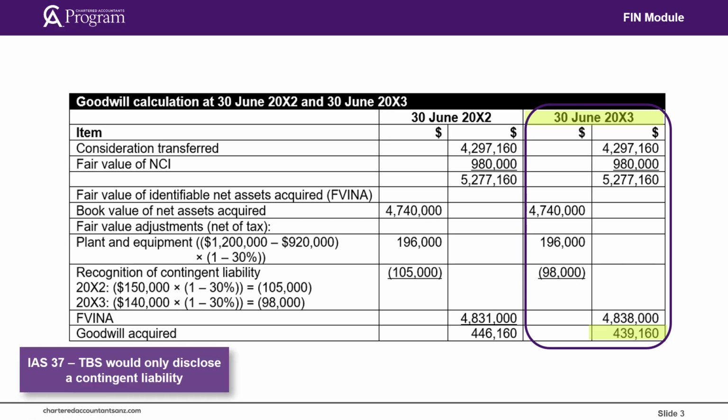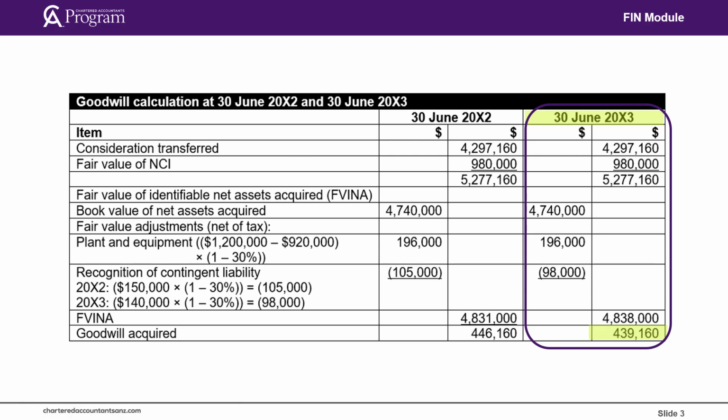IAS 37 does not allow the recognition of a contingent liability on the balance sheet. So TBS would only disclose the contingent liability as a note in its financial statements. Therefore, the contingent liability isn't included within the $4,740,000 book value of the net assets.